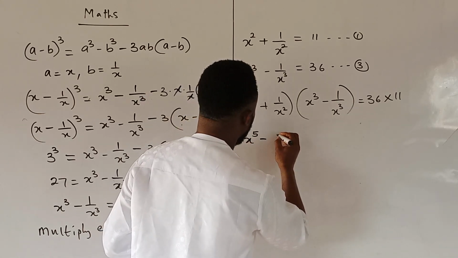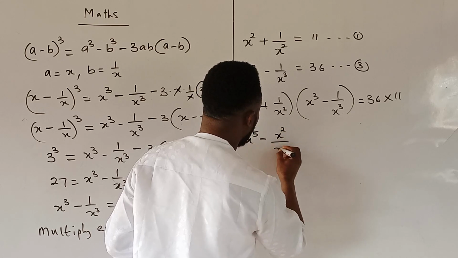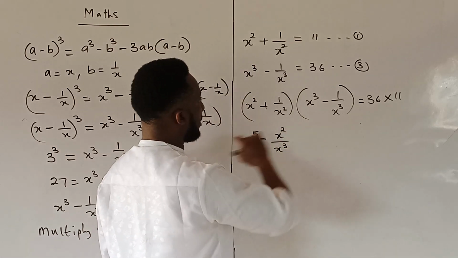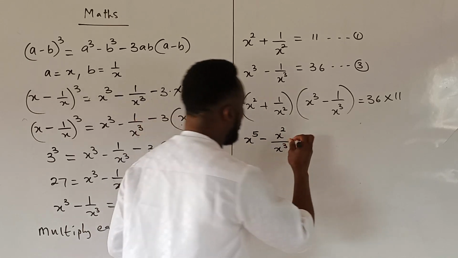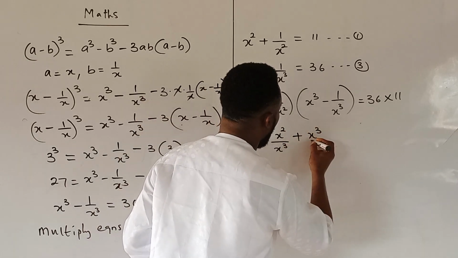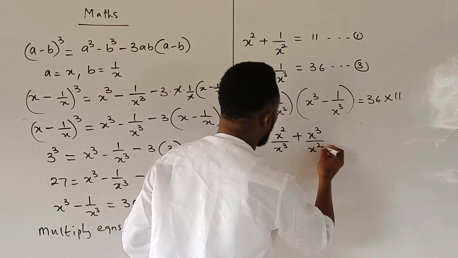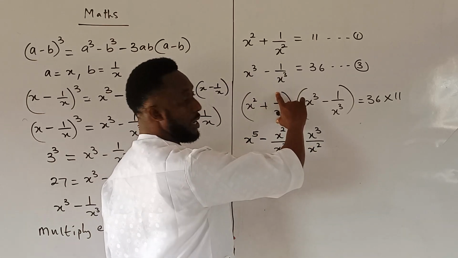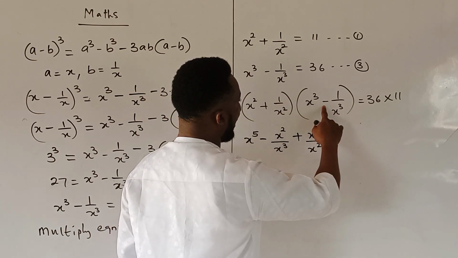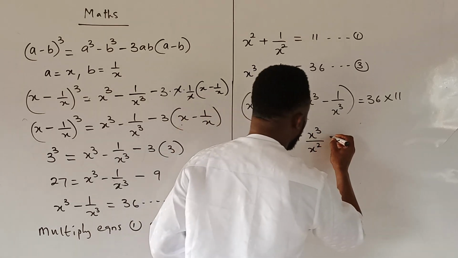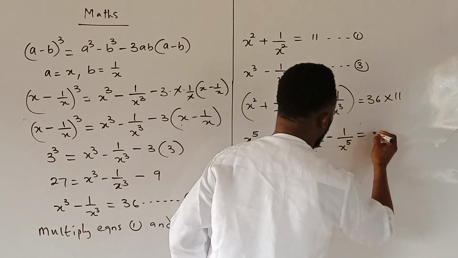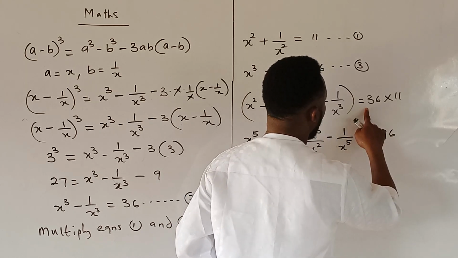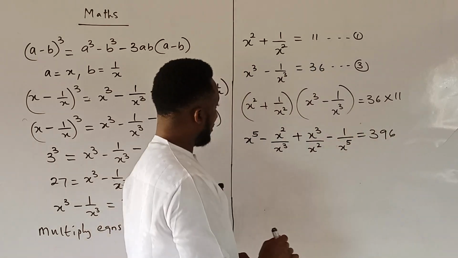That will give me negative x squared upon x cubed. Then 1 upon x squared multiplied by x cubed. That will be x cubed on x squared. Then 1 upon x squared multiplied by negative 1 upon x cubed. That will give me negative 1 upon x to the 5th power. And this is equal to 396. 36 times 11 is 396.